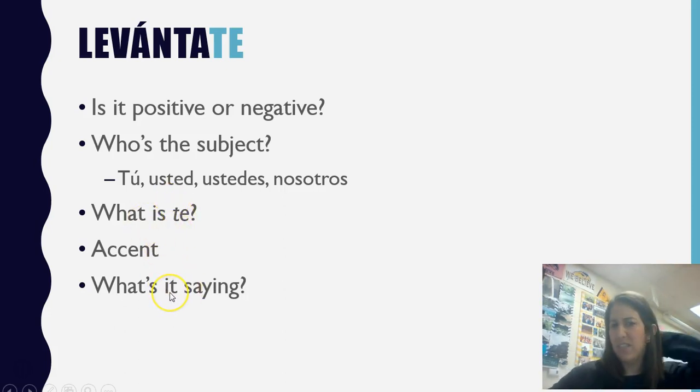I'm going to jump down. What is it saying? Levántate, that means, hey, get up. You, it's time to go to school. Levántate, get up. And notice we've got a written accent here. Whenever we have a command that is affirmative and it has a pronoun or two pronouns in it, we have to have a written accent.